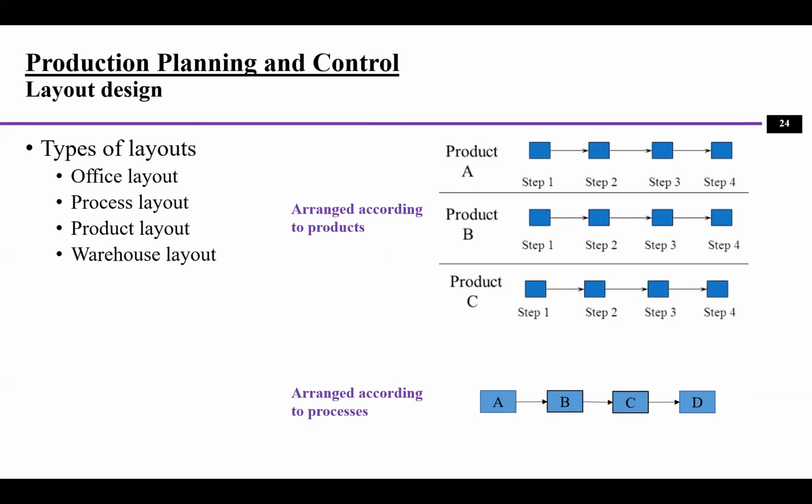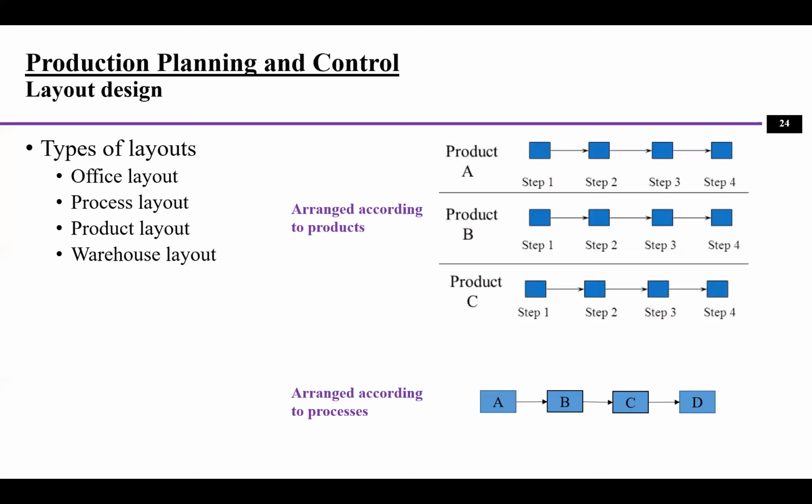For example, it depends on what product you're making. For example, some car companies, right? One line may be producing one model of the car, for example, Toyota Camry, or maybe a Toyota RAV4, right? This will be another production line.